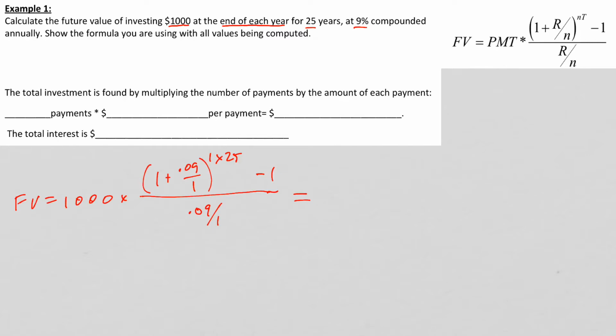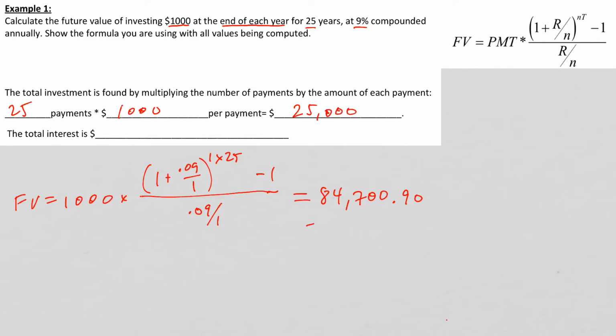So I got $84,700.90 after rounding off to the nearest penny. Okay, now we're talking about 25 payments, 25 years, one payment each year at $1,000 per payment. So we're talking about a total contribution of $25,000.